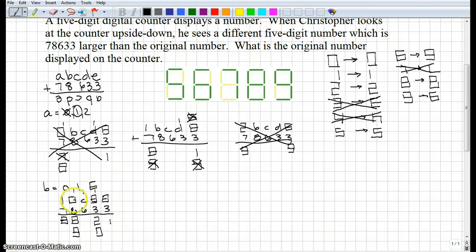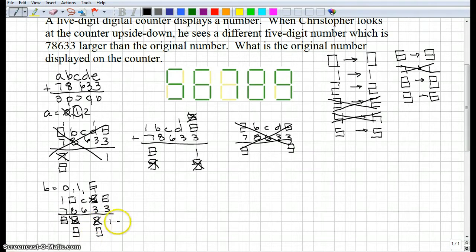So you can see here, this is the B, and this is the upside down B, okay? So 2 upside down does not look like a 0, because we were working through the case where B is 0. So that cannot be the case, and that cannot be the case, and that cannot be the case. Now here, the 0 looks like the 0 upside down, and 9 looks like the 6, so everything's working out there.